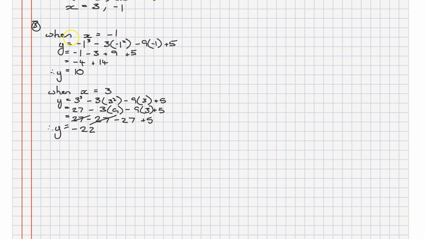So the stationary points are at negative 1, 10 and 3, negative 22.